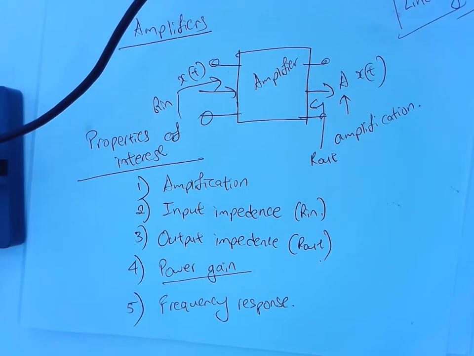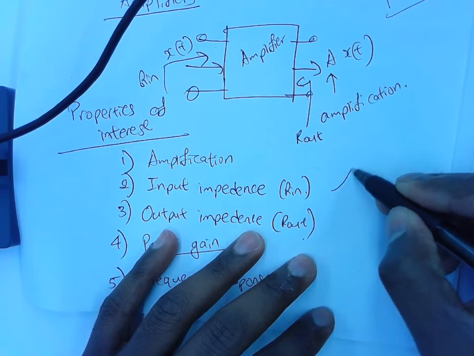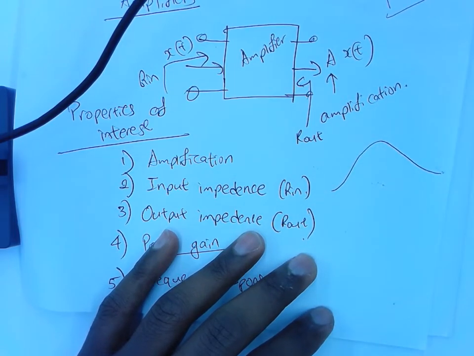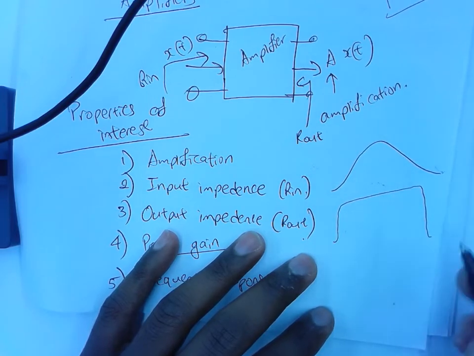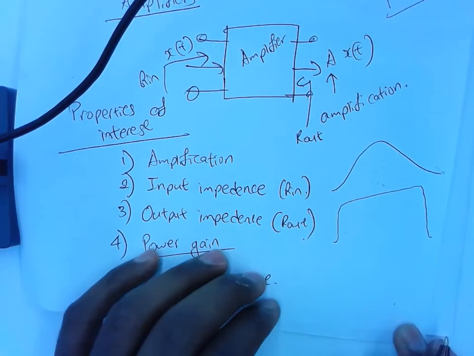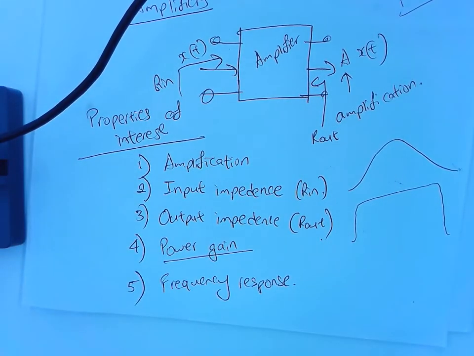If you buy a crappy speaker, there are going to be lots of ripples. The frequency response for a not so good speaker would look something like that. If you have a good speaker, it will look like that. So frequency response, not just for audio speakers but for any amplifier you build, is extremely important.